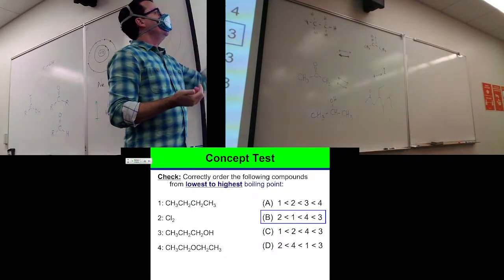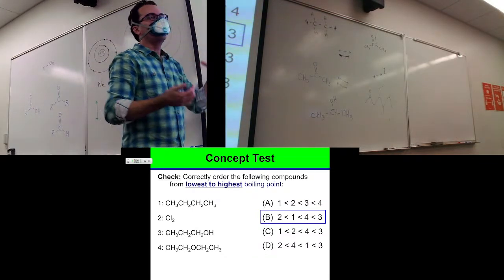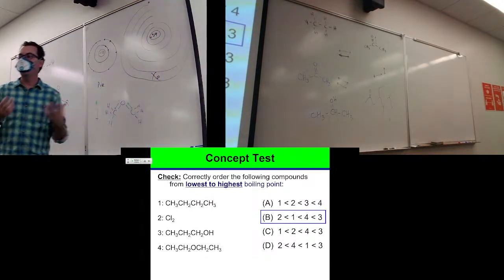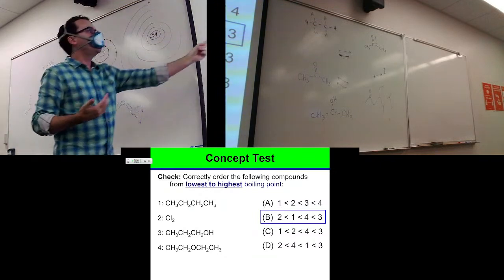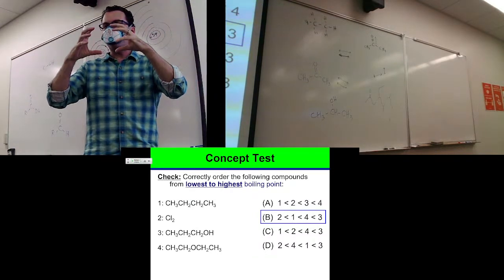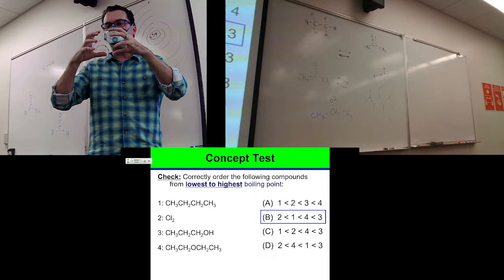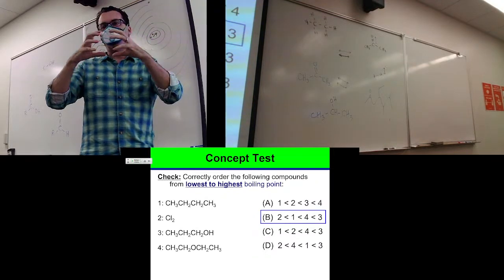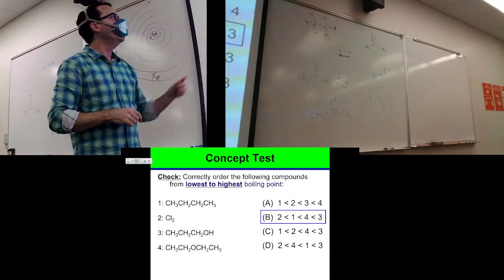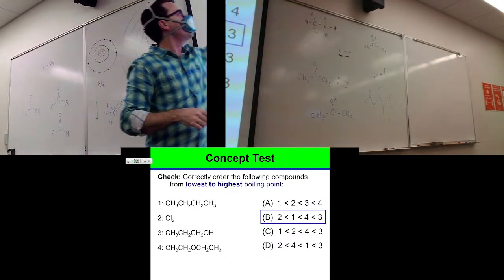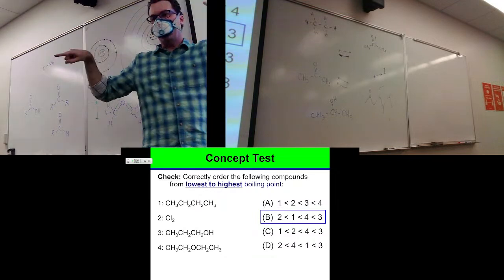Well, even then, you have to remember, this is where we're going to learn shape plays a huge role in how strong your dispersion forces are going to be. This Cl2 molecule is a pretty small package. It's just 2 atoms bonded together. It's almost round. I mean, it's a little cylinder. It's pill-shaped, I guess, if you want to think of it. This thing is longer. It makes a chain of 4 carbon atoms.